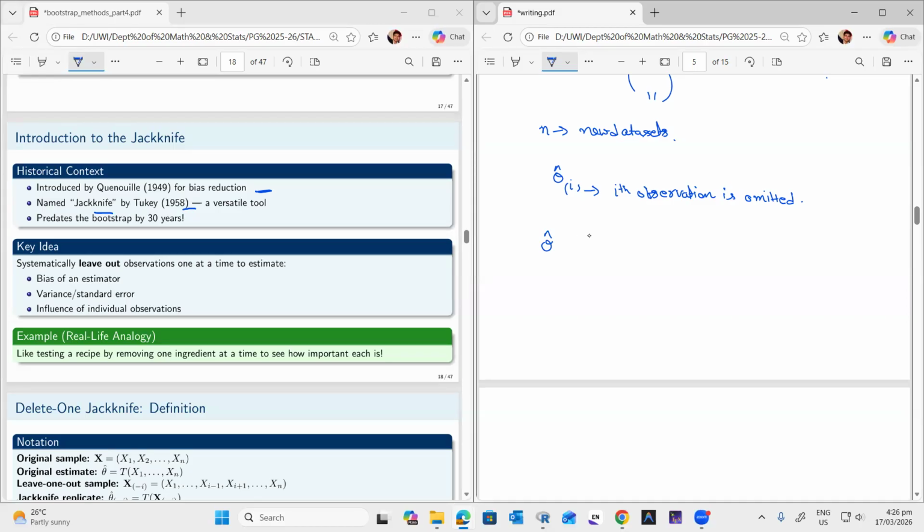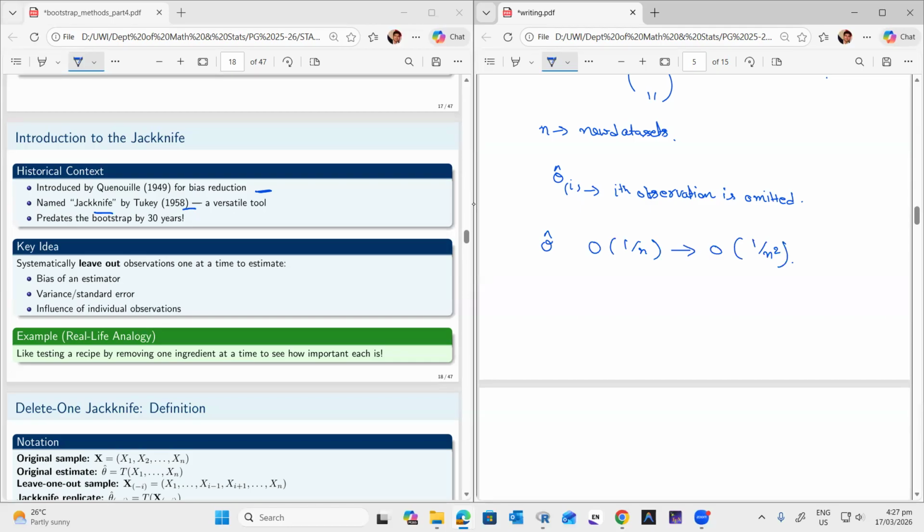Specifically, if the bias of theta cap is of the order of 1 upon n, the jackknife can reduce it to the order of 1 upon n square. And then the variance and standard error.